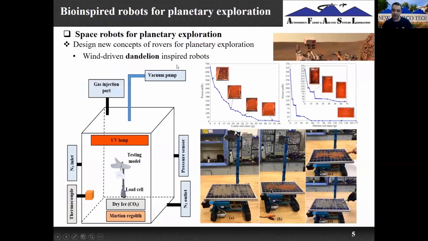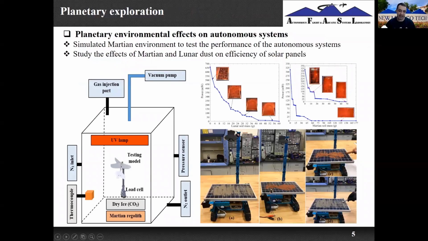The next topic, which is so interesting and again related to designing space robots, a space drone or a rover, is how we can investigate whether our design can work on those planets. If we compare Mars with Earth, the density of the atmosphere on Mars is 0.1 kilogram per meter cube, and the density decreases as you move from the surface to higher elevations.